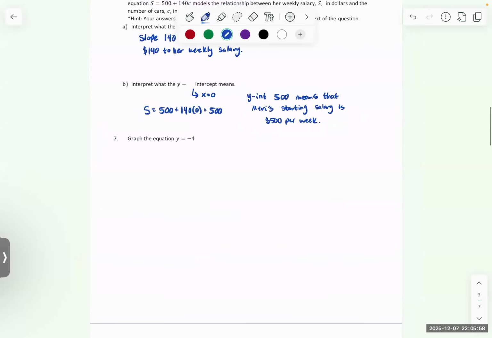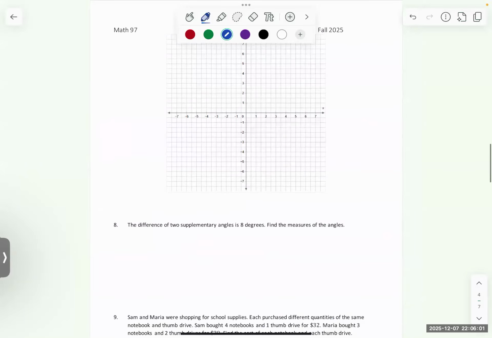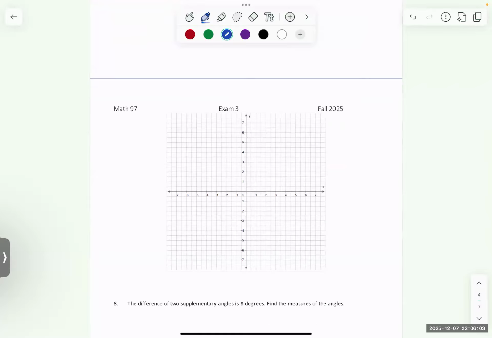Graph the equation. Oh my God. And move to the other side. Simple fix.